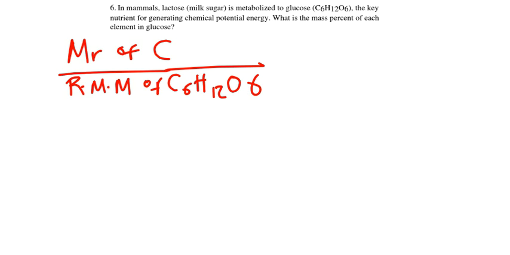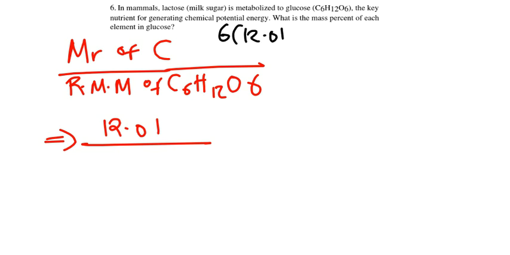I'll guide you for the very first one, and then you can find hydrogen and oxygen. For carbon, the molar mass is 12.01 grams per mole.